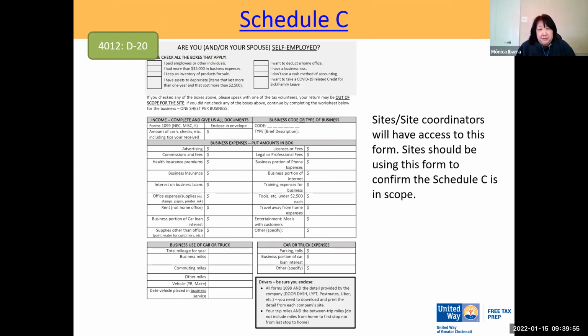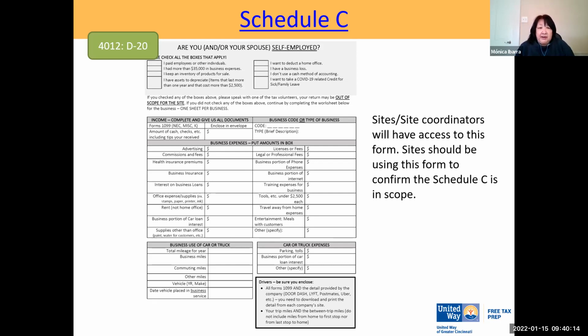Now it's possible, because of the people that we serve, the taxpayers that we serve, who are generally low to moderate income, that somebody does have a job so that they get a W-2 from whoever their employer is.